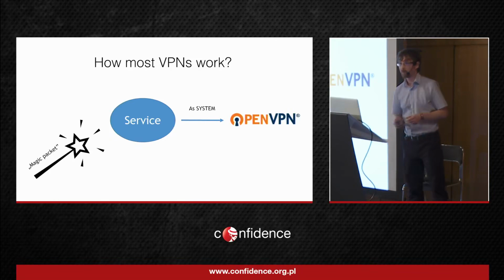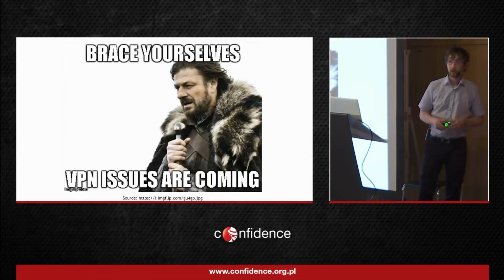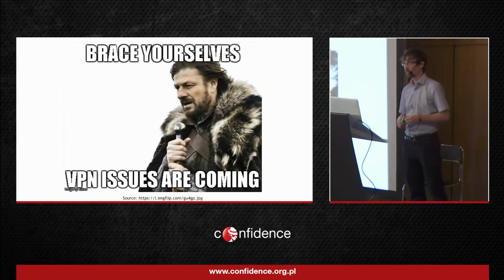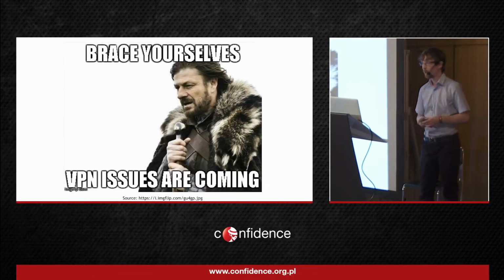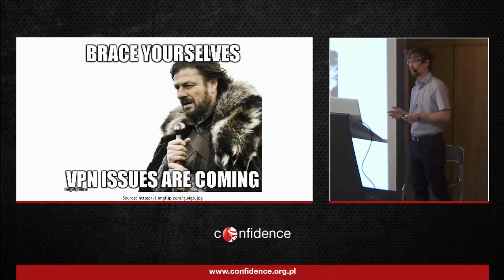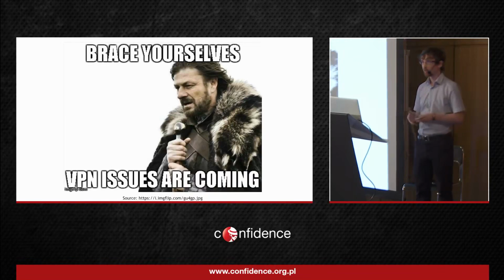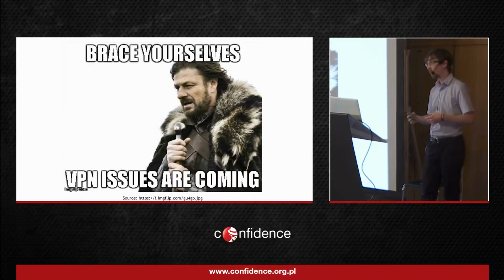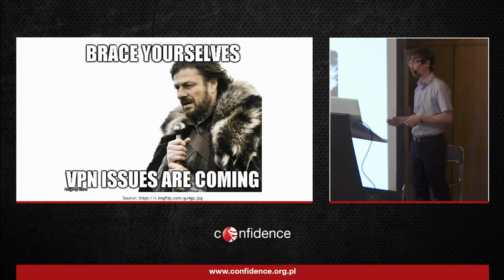The answer is simple: creating your own VPN server is not an easy solution. So we have something which is executing some third-party binary as SYSTEM. Maybe I can encourage those services to execute my own binary as SYSTEM. That's the idea which I tried on different VPN software.